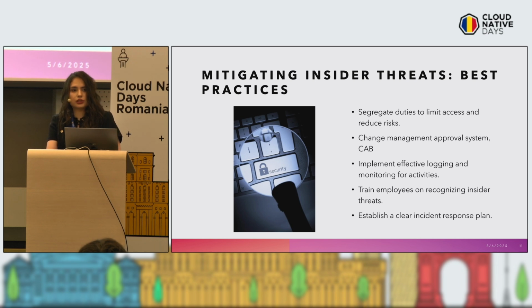Other strategies would include using a change management system. All our production and even UAT changes are done through ServiceNow. We have a rigorous approval system. There are layers of approvers, besides the first layer that reviews the change, and a change advisory board that reviews the high impact changes.